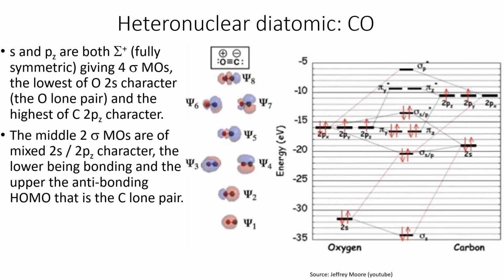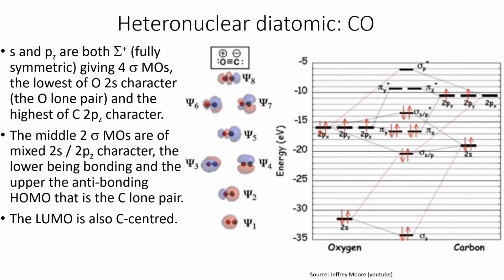As I say, we've got this intermediate character in the two middle orbitals. And in fact, this is interesting when we look at the HOMO and the LUMO. The highest occupied molecular orbital, so looking in the diagram, the highest energy electrons there are in this sigma S/P antibonding orbital.